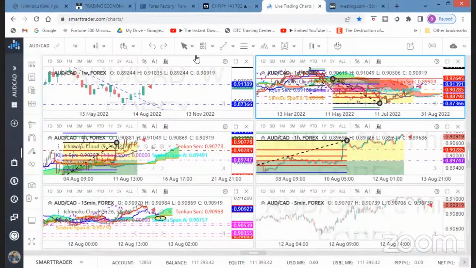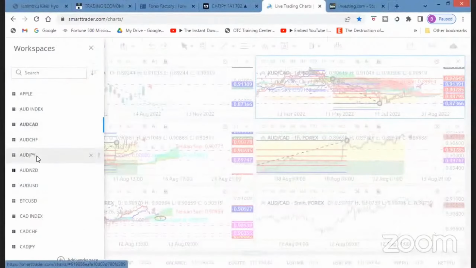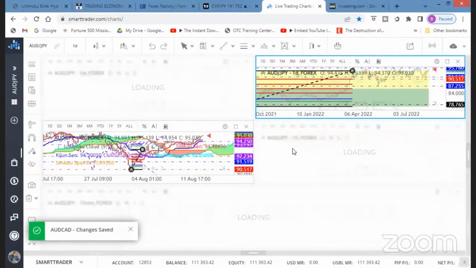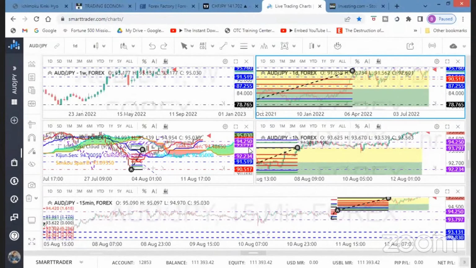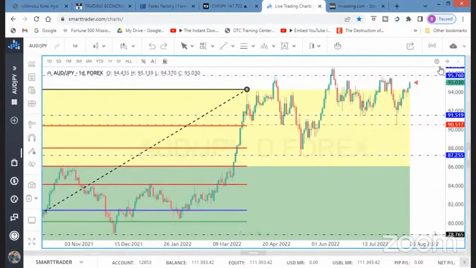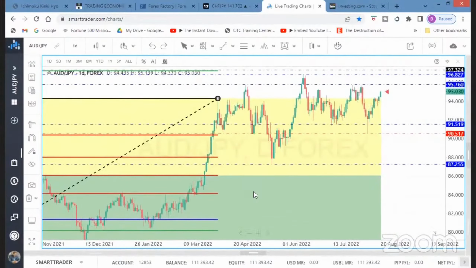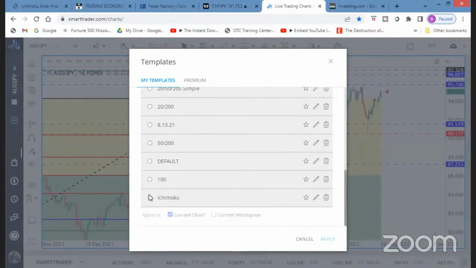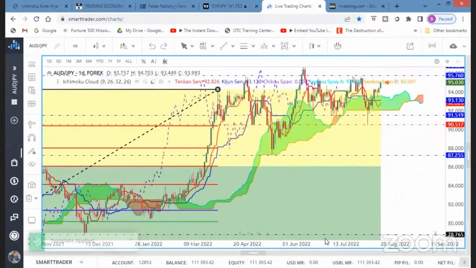I just saw something in the chat. AUD/JPY on the daily just shot up to daily resistance. Yep, let's take a look at it. So we take a look at the daily, and let's put the cloud on this.